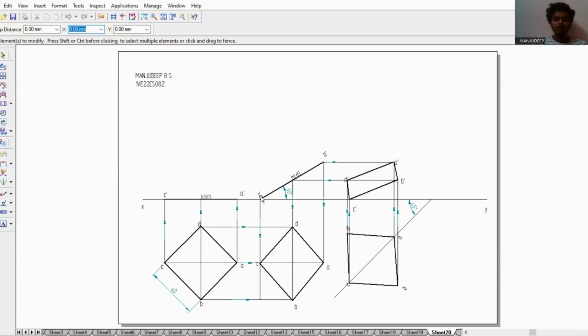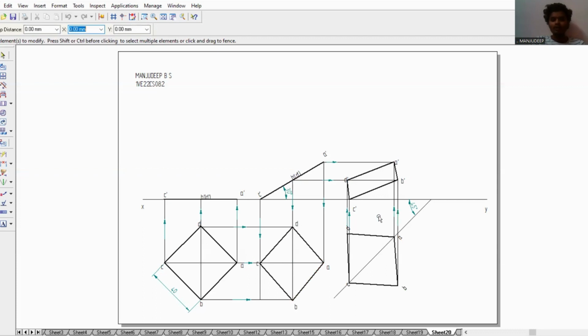Now draw the projections of the line downwards as shown here, and draw the projections of the earlier square. The intersection of these two projection lines will give another square of different dimension, A, B, C, D as shown here. Name the points and join all the sides as shown here.